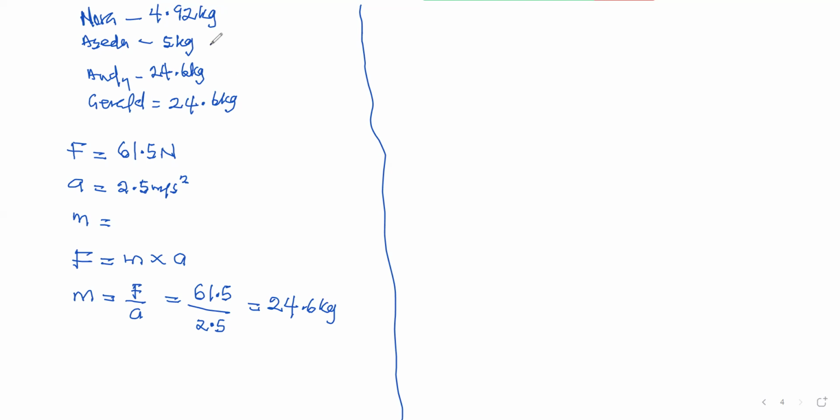Asada, how did you do it? Sir, I did it. F is equal to m into brackets gravity plus acceleration. This acceleration is due to gravity because the body accelerates.